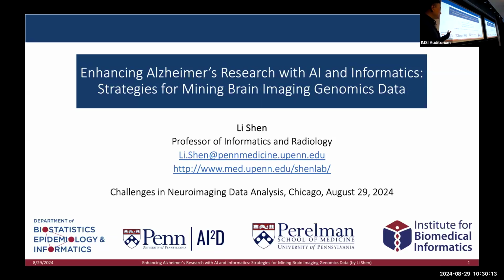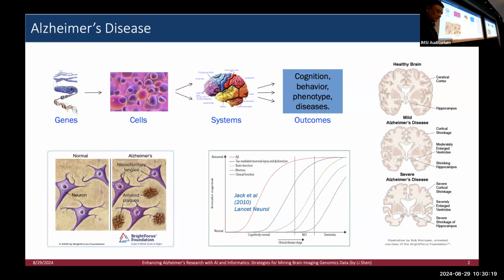I'm going to talk a little bit about brain imaging genomics and Alzheimer's disease. So we know the major challenge in Alzheimer's disease is... Do I need to start? Oh, already started. Okay. So I think there's no drug that can modify the disease, although there's some recent development, but this is still a major topic, right?